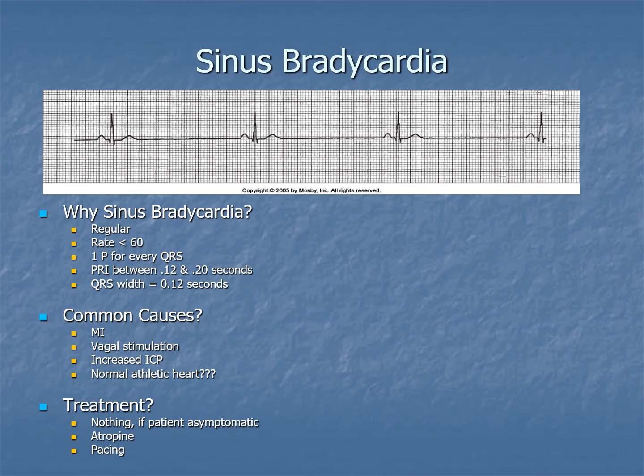Atropine may be given, and the latest guidelines are to give a lower dose, actually half a milligram; it used to be higher than that. One of the other treatments that in ACLS they really want you to focus on, if the patient is symptomatic, is pacing the patient and getting them connected to a pacer as soon as possible.